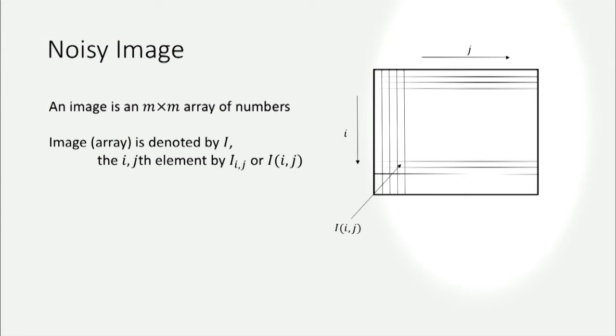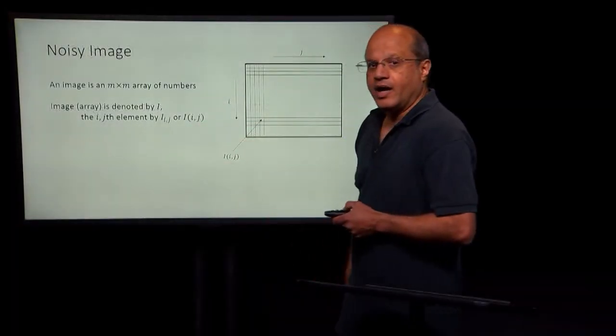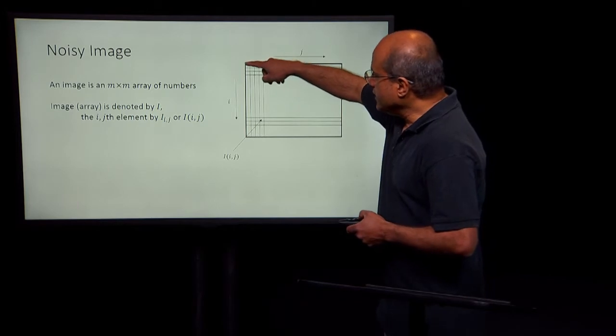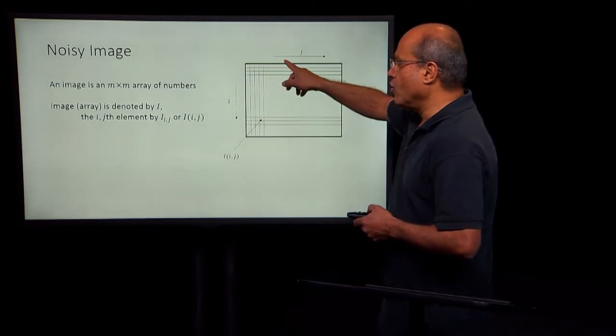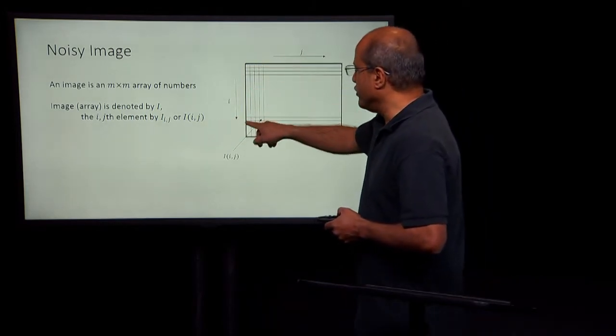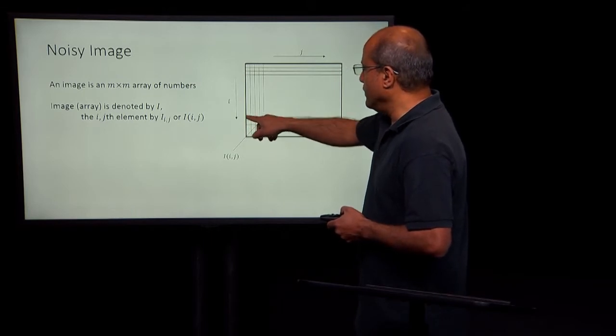If we want to denote that number, we either denote it by using the subscript i, j or by writing I bracket i, j. i is the row index and j is the column index. So I_ij refers to the j-th column in the i-th row.